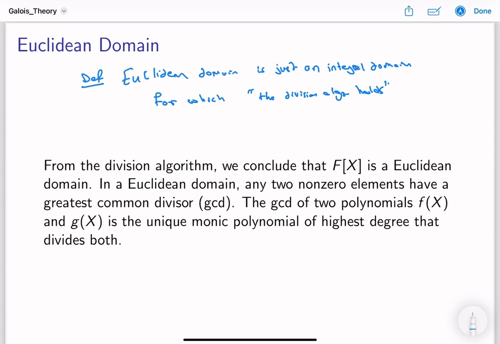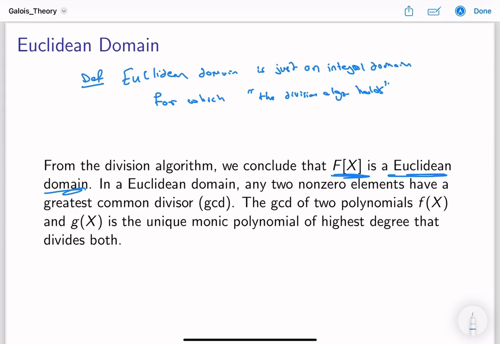And we've just shown that the ring F[x] is actually an integral domain, and the division algorithm also holds for it, and thus F[x] is actually a Euclidean domain, right? And this is very important. The reason we're introducing the concept of a Euclidean domain is that we're very often interested in the so-called GCD of two polynomials.